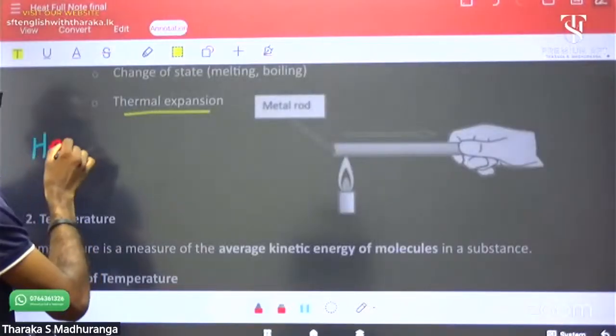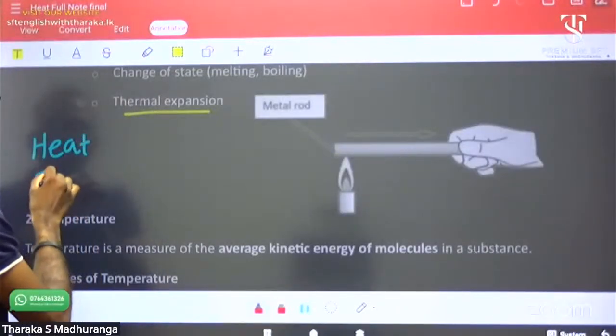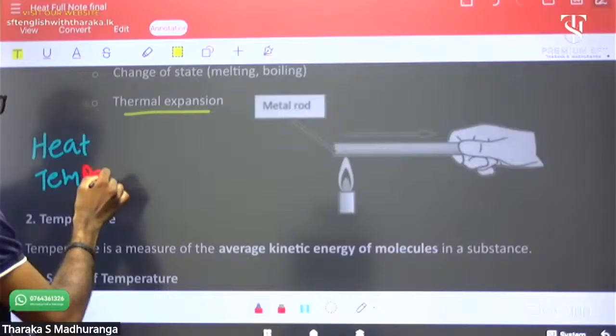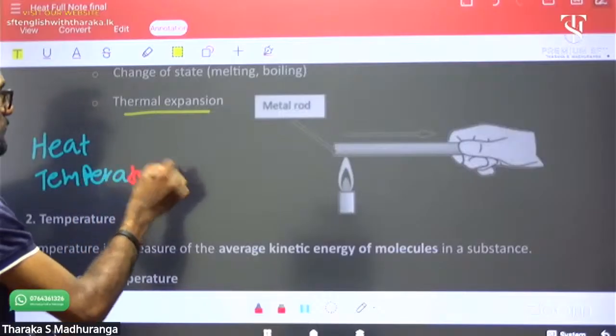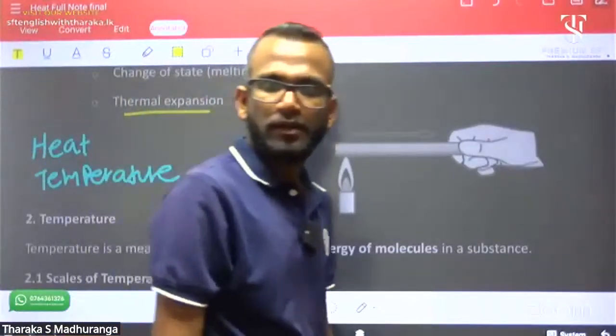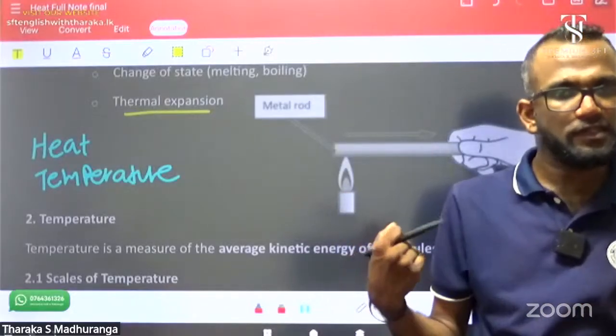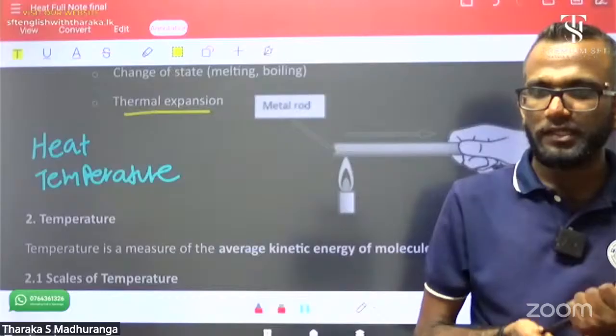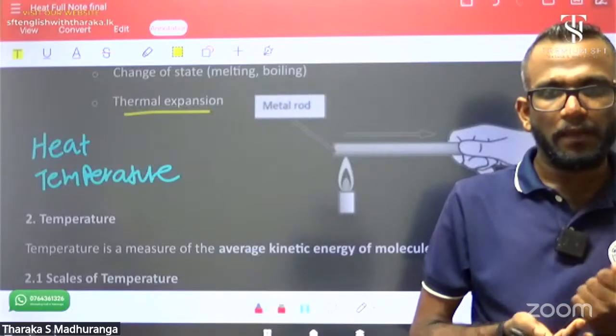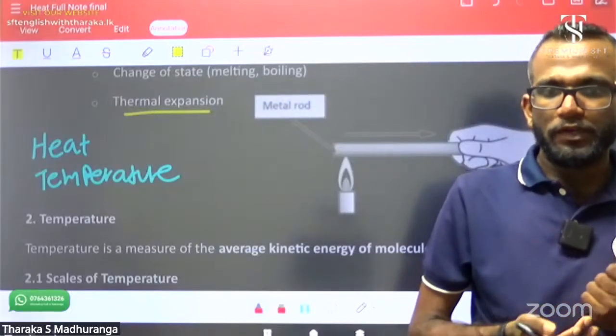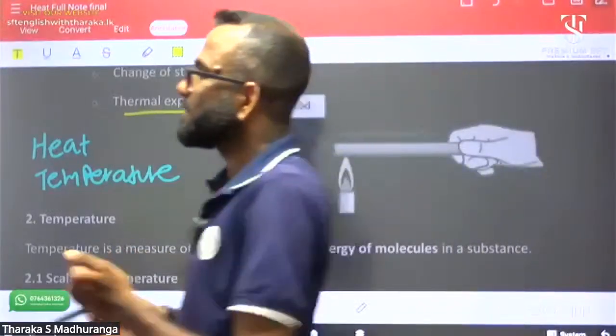Heat and temperature. What do you think? Are they the same or different?